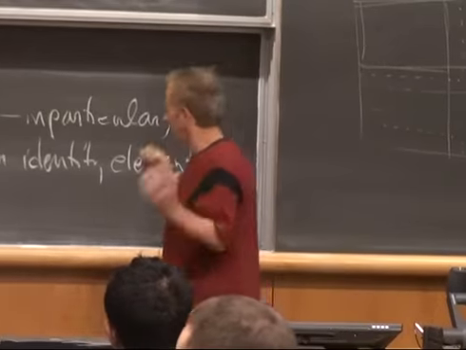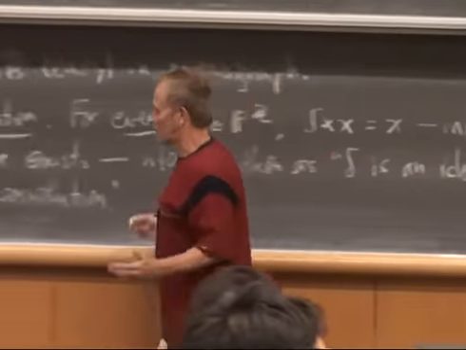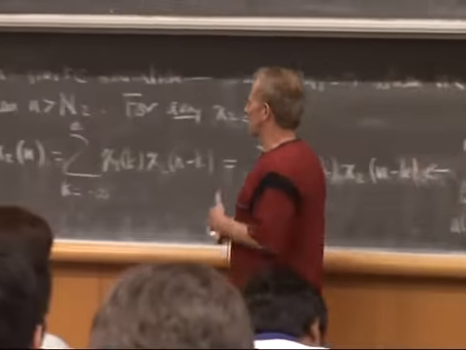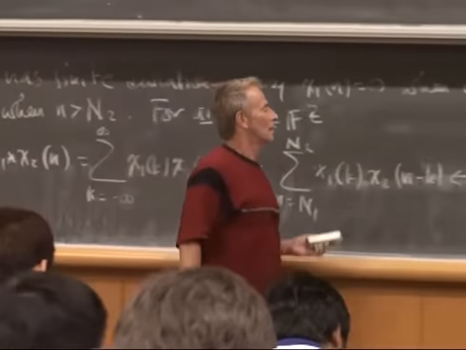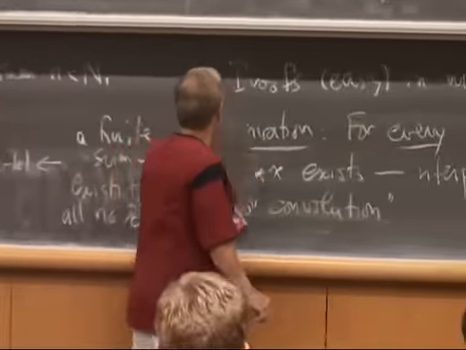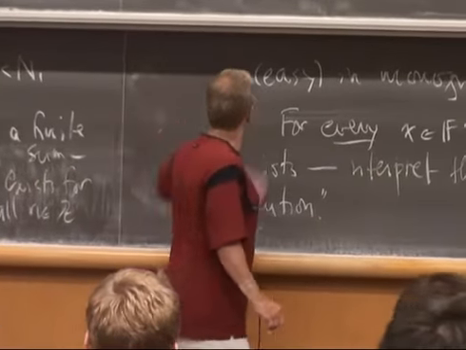And of course, the same thing would happen if x2 had finite duration, and proving that the convolution has finite duration if x1 and x2 both have finite duration is just an exercise in indices, and I don't like doing that on the board, so I'll let you look at the monograph for that.